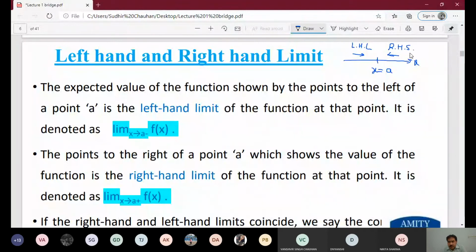So we have only two ways to approach x is equal to a: the left hand limit and the right hand limit. So what is the left hand limit? The expected value of the function shown by the points to the left of a point a is the left hand limit of the function at that particular point. It is denoted by limit x tends to a minus f(x). So it is the left hand limit.